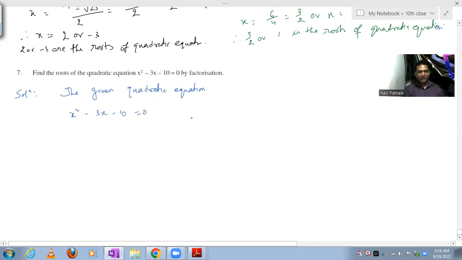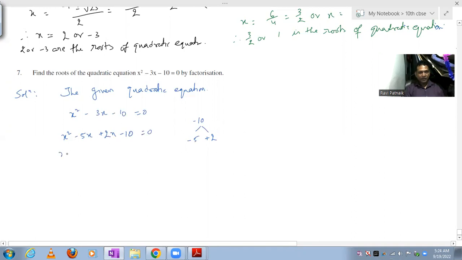Now multiplying, you have to get minus 10, adding, you have to get minus 3. What are the numbers? Multiplying means minus 10, adding means minus 3. That means minus 5 plus 2. So you have to write here x square minus 5x plus 2x minus 10 is equal to 0.